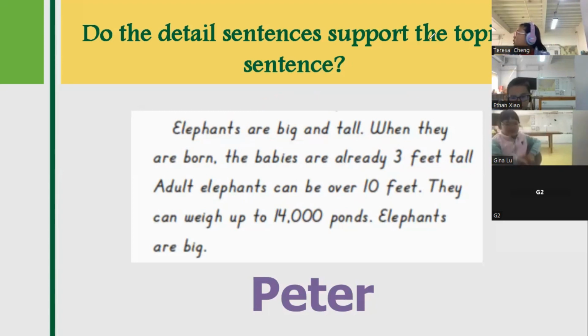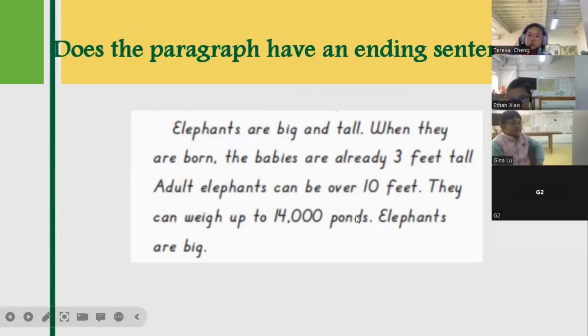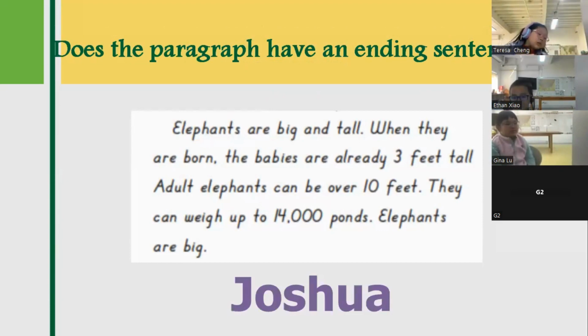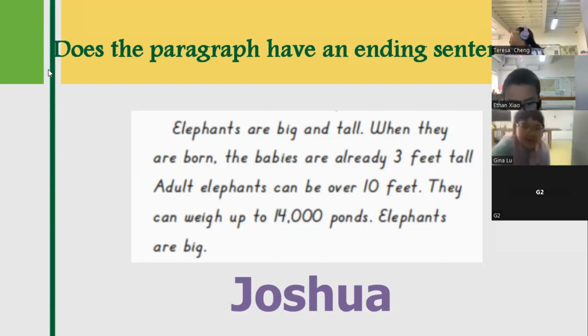Okay? And now we look at another question. Does the paragraph have an ending sentence? Joshua is absent, so let's see. Ethan, please. Ethan, does the paragraph have an ending sentence? Yes or no? Tell me the ending sentence. It's right here.